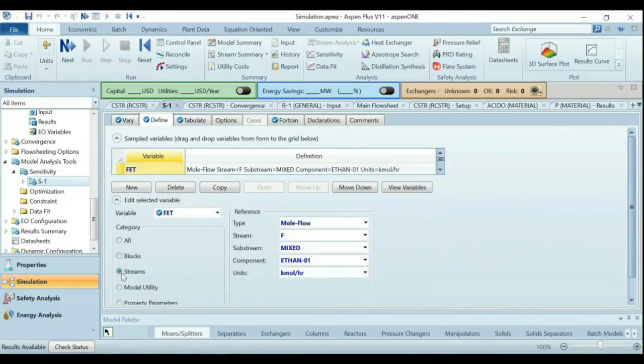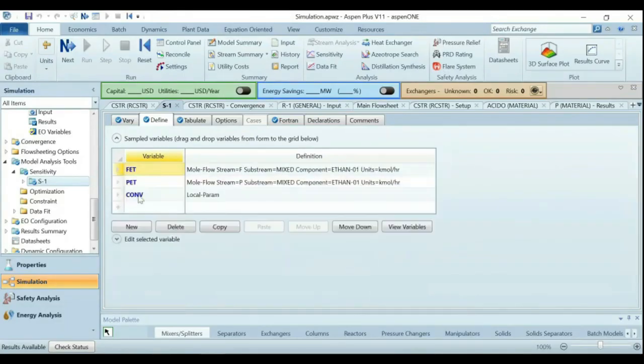So I selected here the mole flow present in streams. In the input stream of ethanol, I selected the component ethanol, and here's the unit. Also, we define here the amount of ethanol in the product stream.